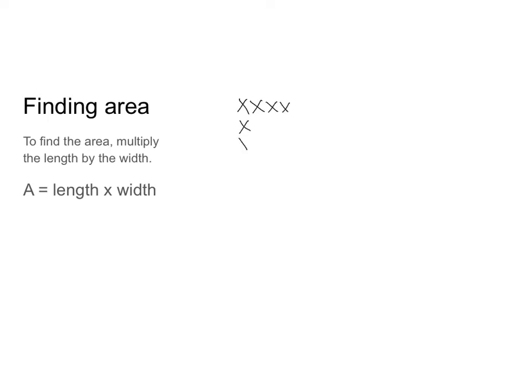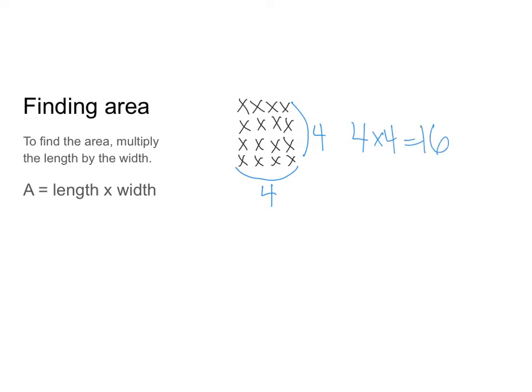So for example, if I wanted to find the product to the square of 4, remember that we had 4 in our length and 4 in our width. Then we said 4 by 4 equals 16 because there were 16 counters in our rectangle or square.